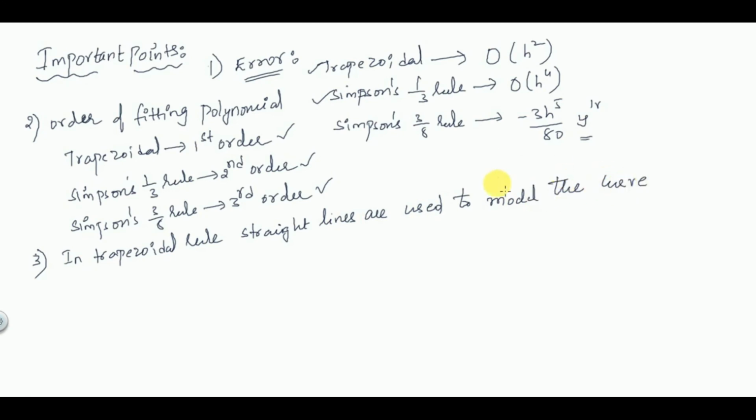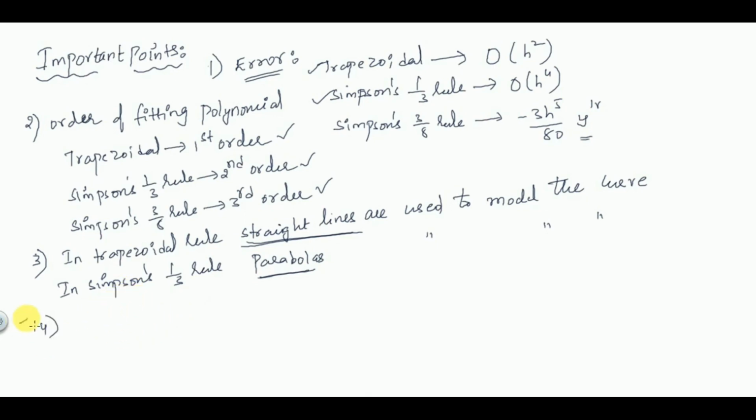That means to draw the given function f of x, we will use straight lines. So in Simpson's 1/3 rule, parabolas are used to model the curve. So these are very important, straight lines here and parabolas in the case of Simpson's 1/3 rule. Okay, so just remember this, it is enough.